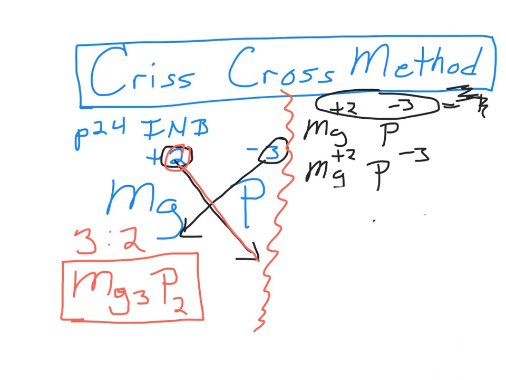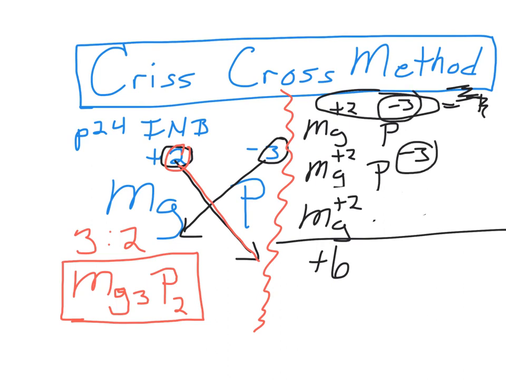So let's add another magnesium. This is also a +2. Remember, every single magnesium has a +2. So 2 plus 2 is 4. 4 plus 2 gives me that +6. Now phosphorus has that -3 plus -3 gives me that -6. So now a +6 plus a -6, now I get my 0. We see that?